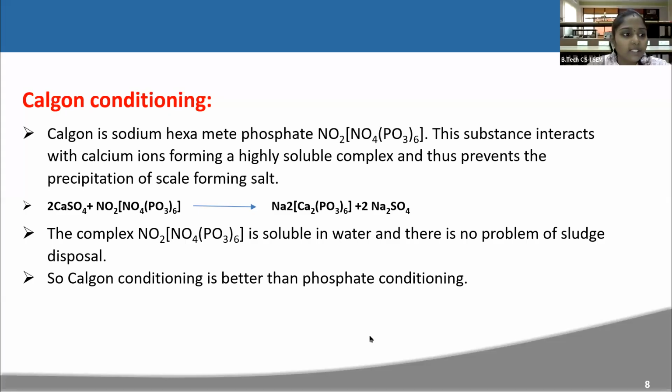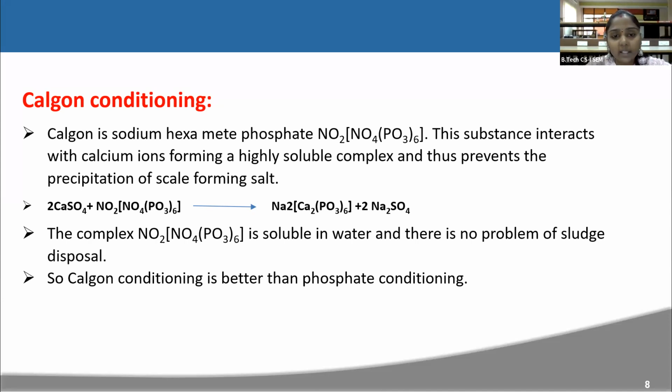Okay, colloidal conditioning. So what is the colloidal conditioning process? It is the process of addition of colloid or sodium hexametaphosphate to boiler feed water. The calcium ions responsible for scale or sludge formation are complexed to form a soluble complex and hence prevented from their scale forming action.